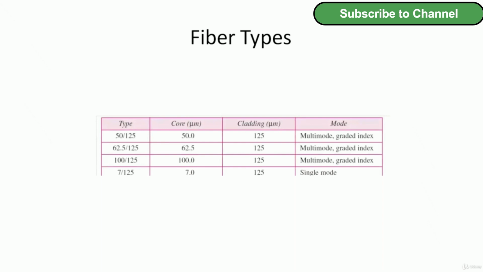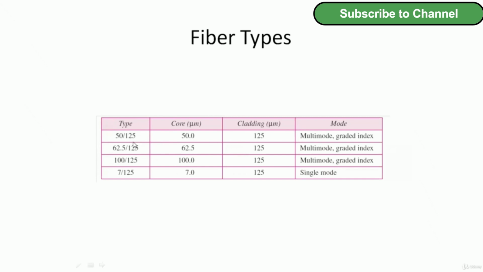Then we have to study the fiber types. So here, different fiber types are given. First one is the type, then core diameter, then cladding diameter, and the mode of operation.